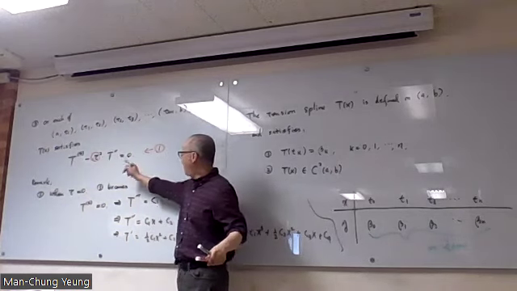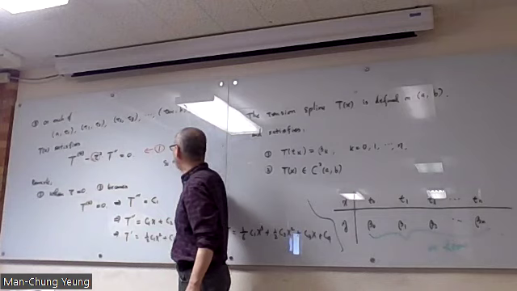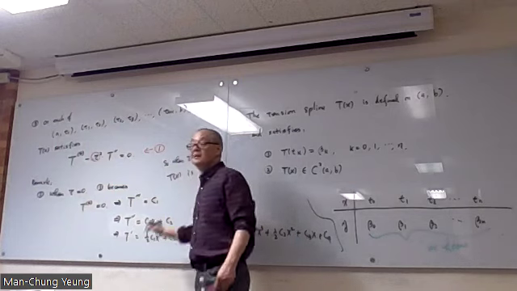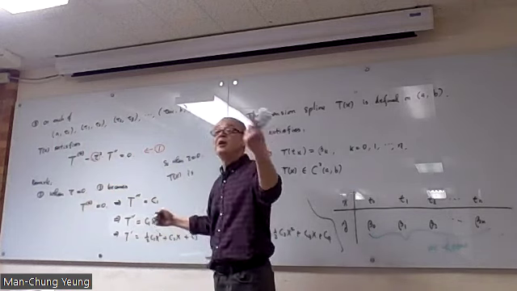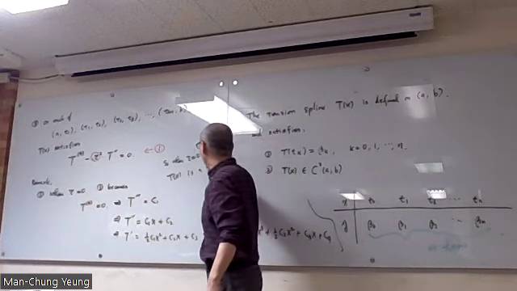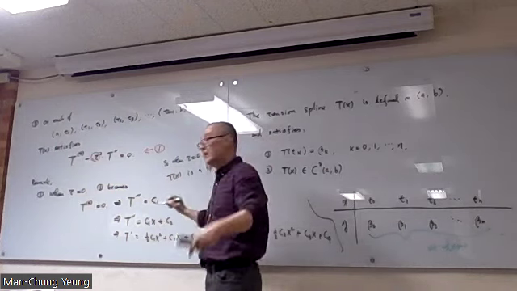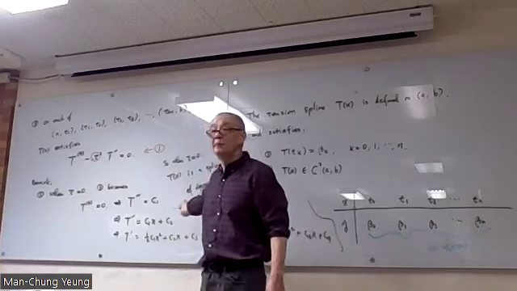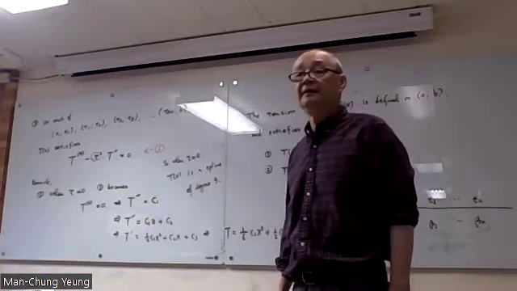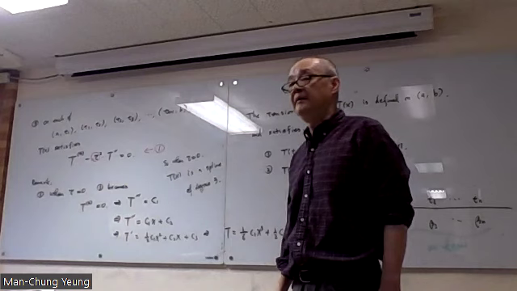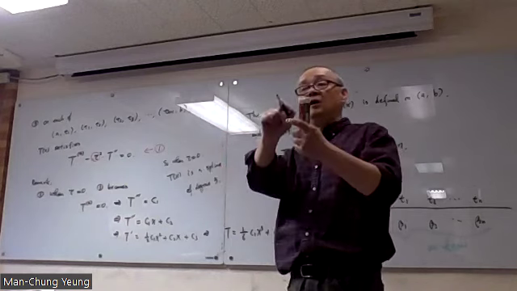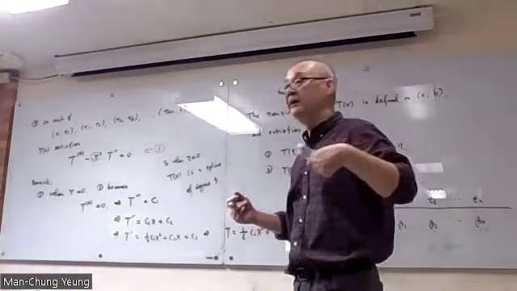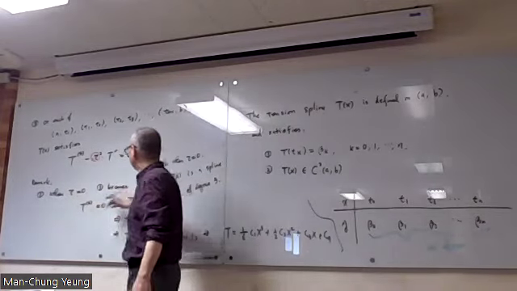So when tau is 0, the tension spline is the spline that we learned in the previous section, of degree 3, actually a cubic spline.